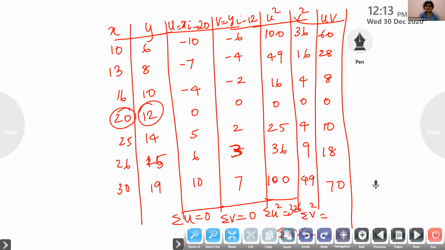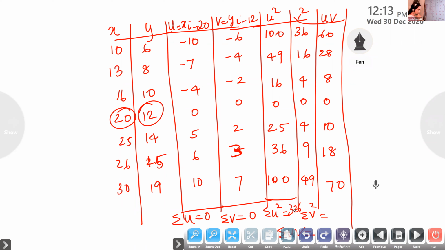I got 51.52. Here, no decimal, isn't it? Sigma u square, you got 326.